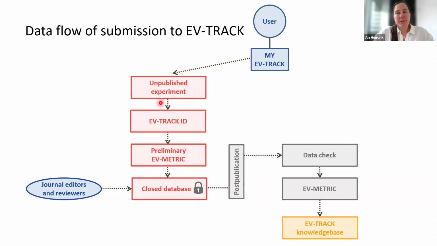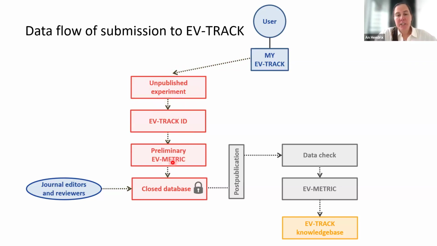To clarify, if you have your manuscript ready for submission to a journal, you have a look at your material and method section, and you complete survey questions based upon the information that you wrote down in the material and method section of your manuscript. Once you have completed the survey, you will receive an EV-TRACK ID and a preliminary EV metric.